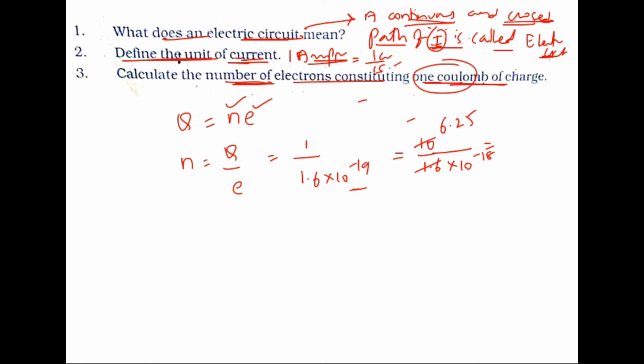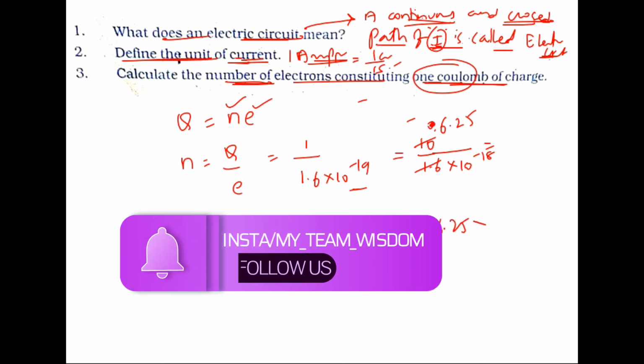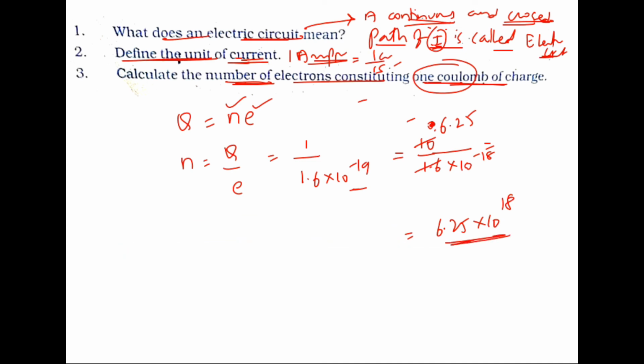So you get 6.25, that is 6.25 into 10 power 18 electrons.